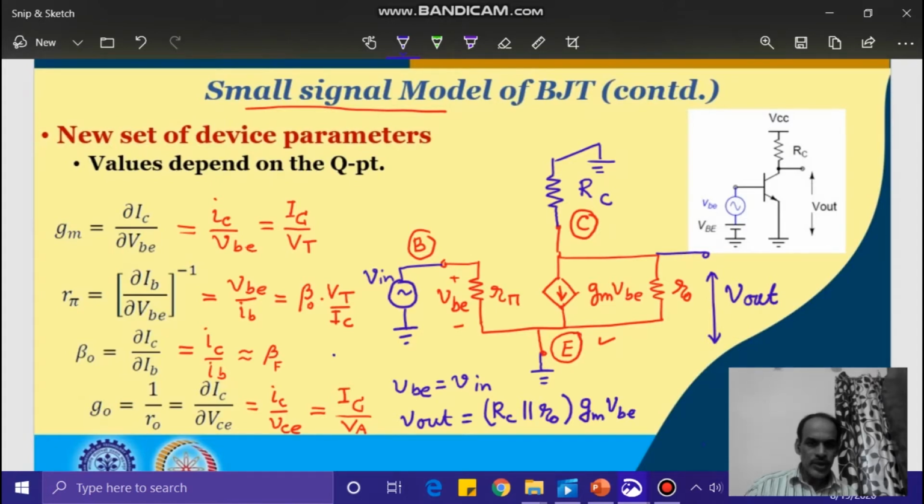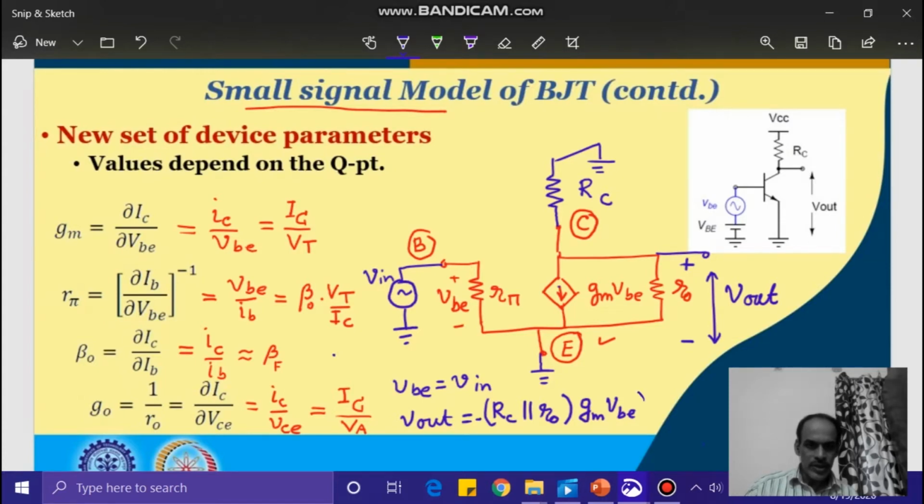If I consider this polarity of the developed voltage, plus here and minus here, then we get a minus sign. Also VBE is Vin.